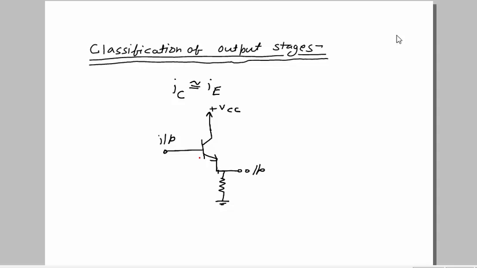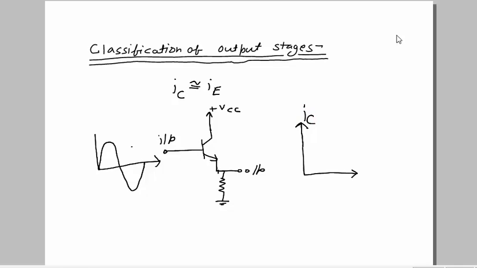Now suppose I apply an input signal here. Now this circuit is not biased. Suppose this is IC.